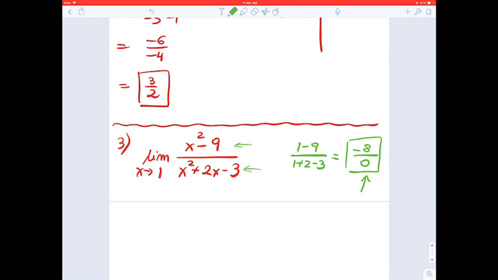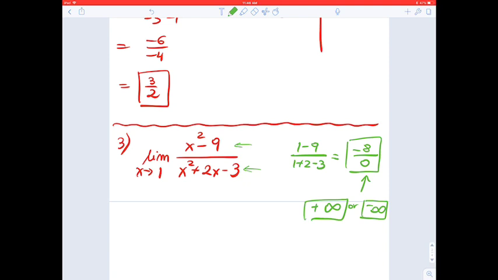That means this case is definitely undefined, but a finite number over a small number will result in a huge number, positive or negative. Please remember that's the only two options that you have to investigate.